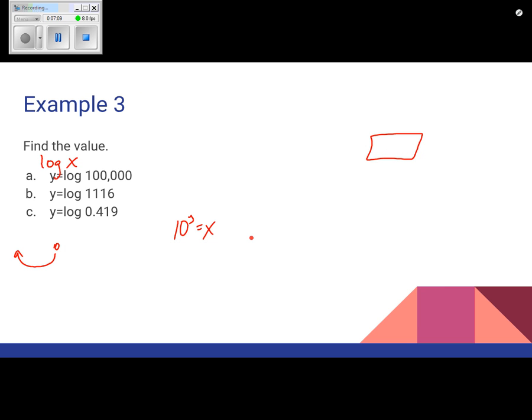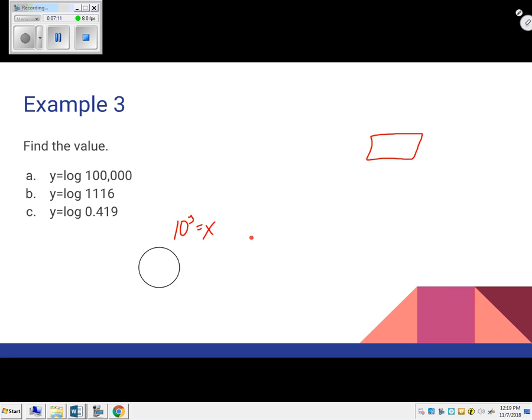So let's try a couple of these. There's that red dot again. All right, so I want to find the value. Okay, notice this one doesn't say mentally, so I have a shortcut coming in just a little bit. But this first one I think we can do. Okay, remember, there's just a 10 down here. So I'm wondering 10 raised to what power gives me 100,000?